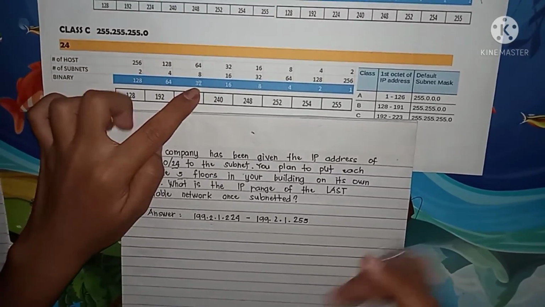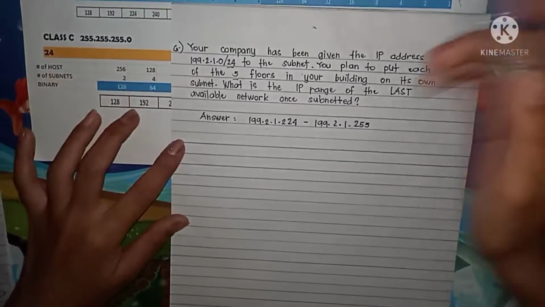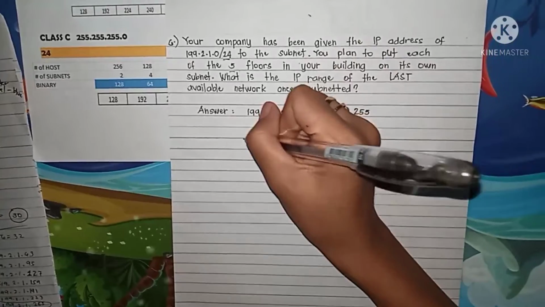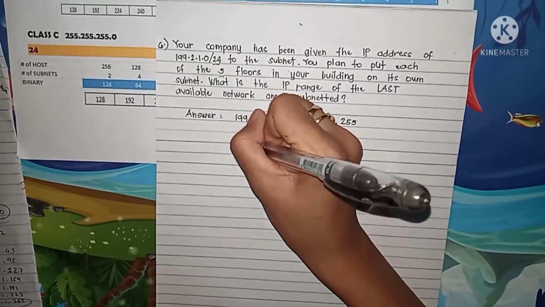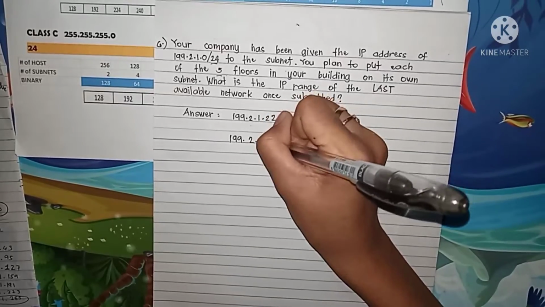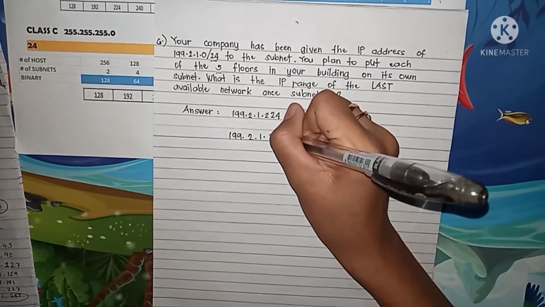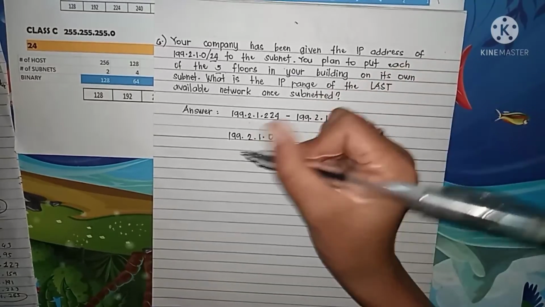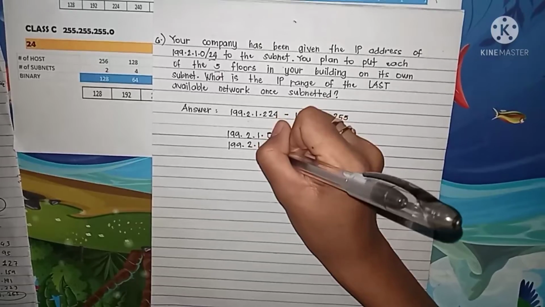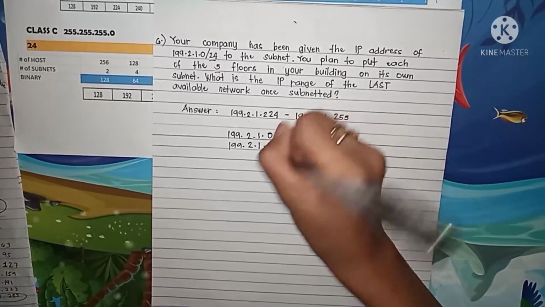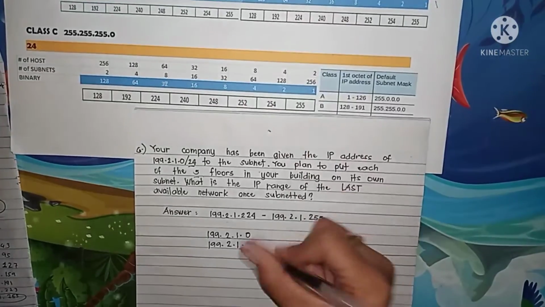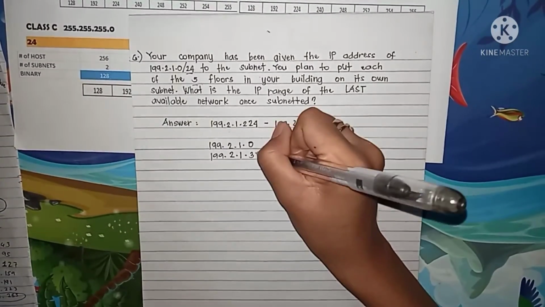Now we're going to put the original problem, 199.2.1.0. Since our interval is 32, we're going to put 32 here.